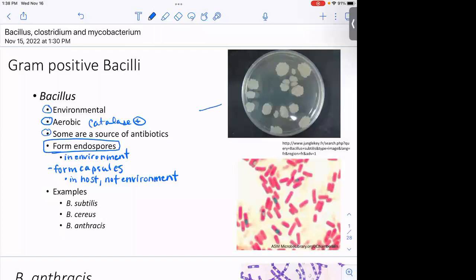When you grow Bacillus on a plate, it has a very characteristic wrinkly edge, as well as a wrinkly appearance. They're kind of big colonies. So sometimes we get those as contaminants on plates, but we have worked with Bacillus subtilis in the lab a few times. That's an example of one that's not pathogenic.